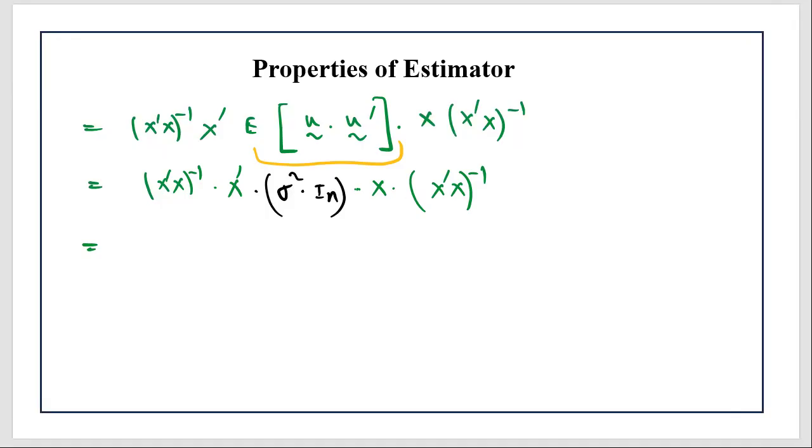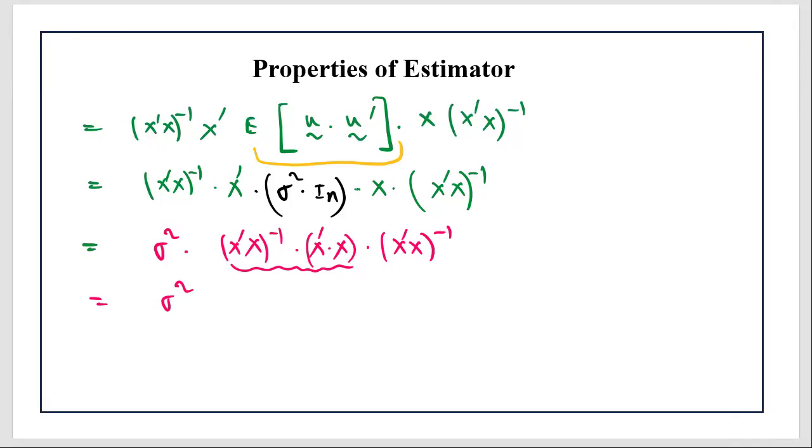Now you can put this sigma square out of this entire thing. Now see what terms are left. Sigma square I n, this will come out. So x into x inverse, then here you have x into x, and then again you have x prime x inverse. So sigma square. Now what will this term be? This term will be simply the identity matrix, so we don't need to write that. It will be simply x to this.